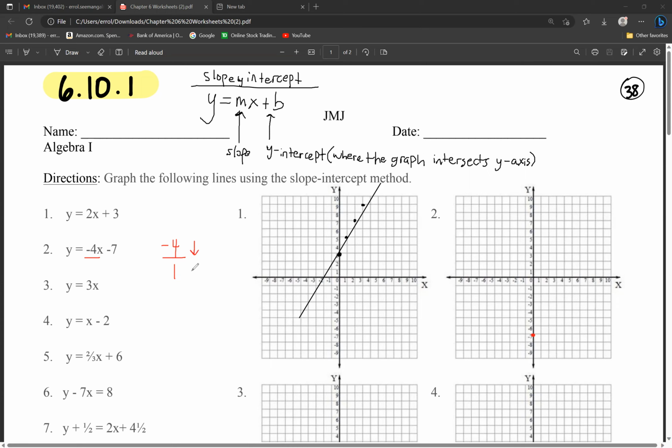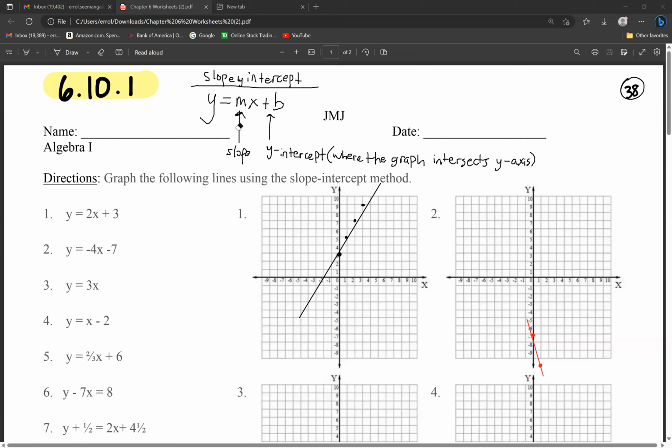And then the 1 is positive, so we go 1 to the right. So 4 down, 1 to the right. Make sense? Then you just connect the two dots after that, okay? So that's the second one. All right, so start at the y-intercept and then use the slope to get the second dot.